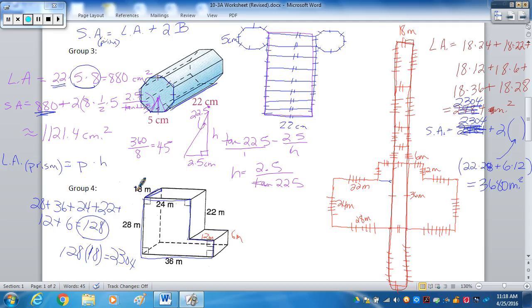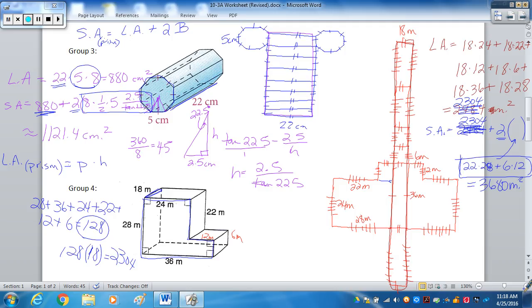So whatever the area of the base is, we're going to double it. Now, this one right here, we already saw that. We took the area of one base and doubled it. Over here, we took the area of one base and doubled it to get your total surface area. So again, we're going to use those two formulas to figure out the lateral and surface area of our figures.